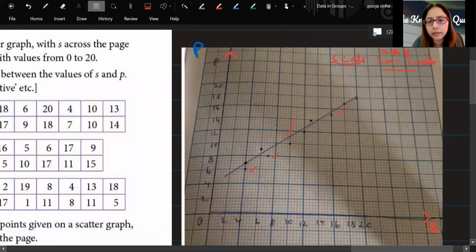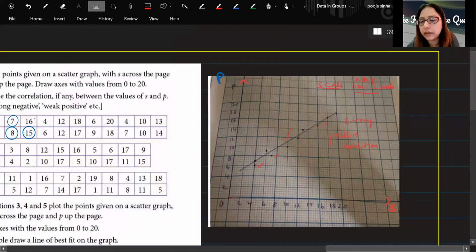And then you mention that this is the line of best fit. And then you say it's a positive, strong positive correlation. Is it clear to everyone? Everything that needs to be marked here is clear?